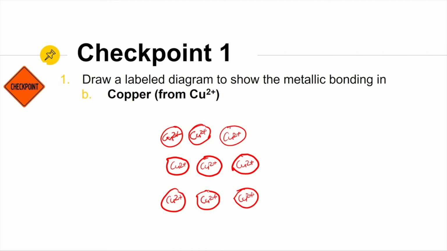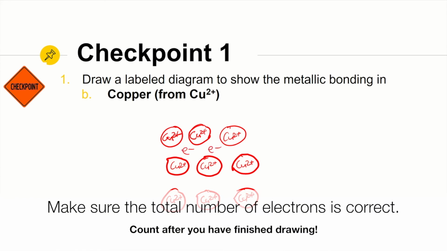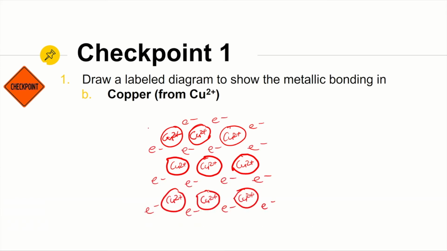If I draw a total of 9 atoms, it will form 9 ions, and 9 times 2 valence electrons will be a total of 18. So my sea of delocalized electrons should contain 18 electrons. When you're drawing the sea of delocalized electrons, you can draw randomly, but make sure that the number of electrons is correct. This is your labeled diagram for the metallic bond in copper metal.